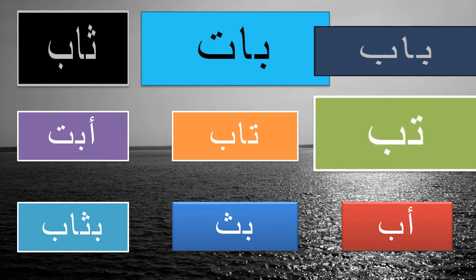Now the fourth word has only two letters. The first one is the letter, yes, thaa, which has two dots above it. The second letter is the boat shape with one dot below it, the ba. Right. So we read it as tob.